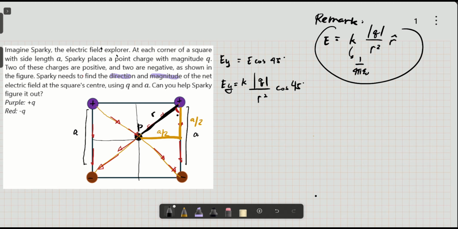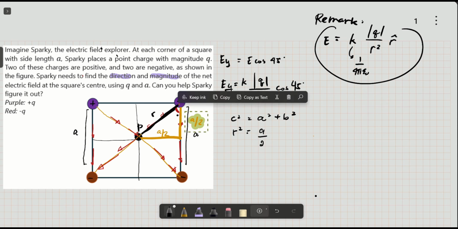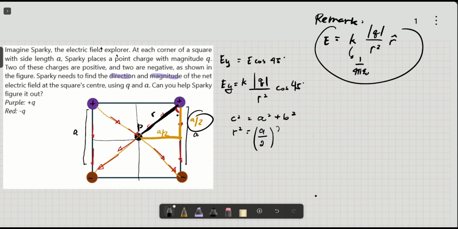Now let's try it. However, upon trying, we would notice that our R squared is missing. How did we get our R squared, given that that is your C in the Pythagorean theorem? If you remember, C squared is equal to A squared plus B squared. In this case, that's going to be our R squared equals (A over 2) squared plus (A over 2) squared.